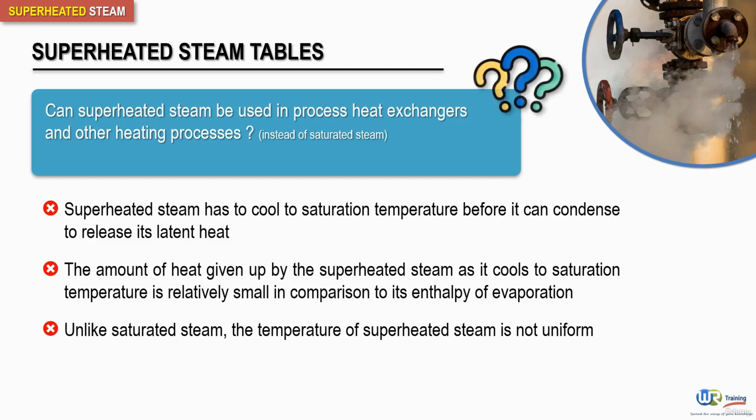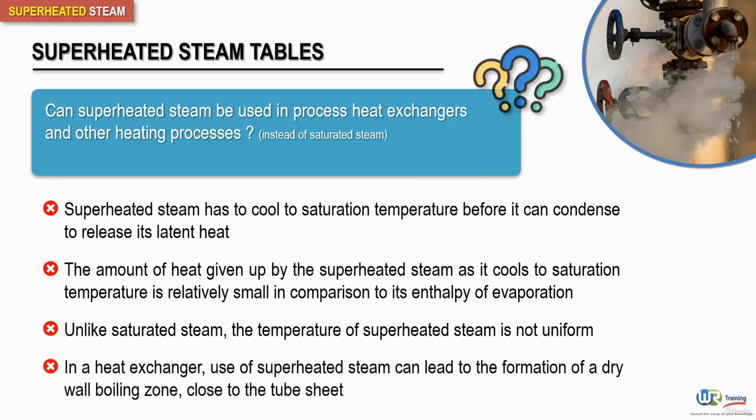This means that temperature gradients for superheated steam can occur over the heat transfer surface. Additionally, in a heat exchanger, the use of superheated steam can lead to the formation of a dry wall boiling zone close to the tube sheet. This dry wall area can quickly become scaled or fouled, and the resulting high temperature of the tube wall may cause the tube to fail.